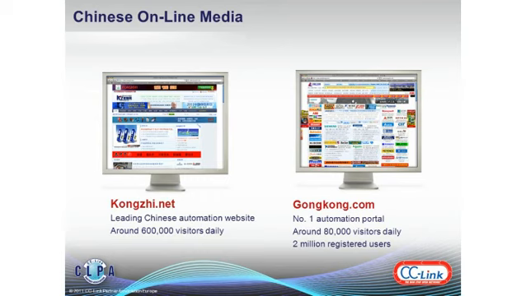One is Kongzi.net and the other one is Gongkong.com. Between these 2 portals, they cover virtually the entire Chinese automation market. And as you can see from these screenshots here, there's many European companies who have already taken advantage of this portal. So by joining the Gateway to China program, this would also be available to you at no charge.